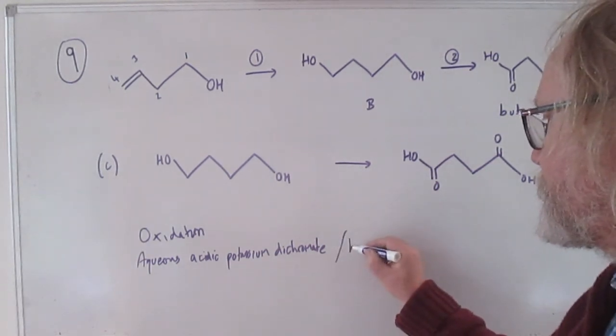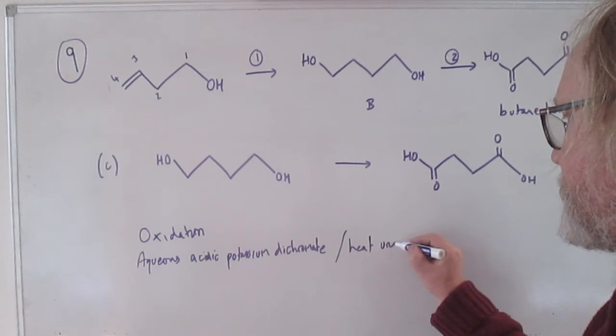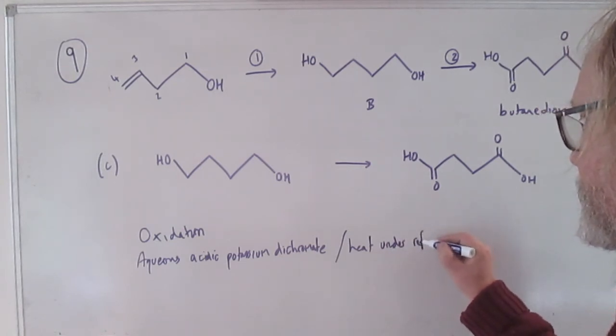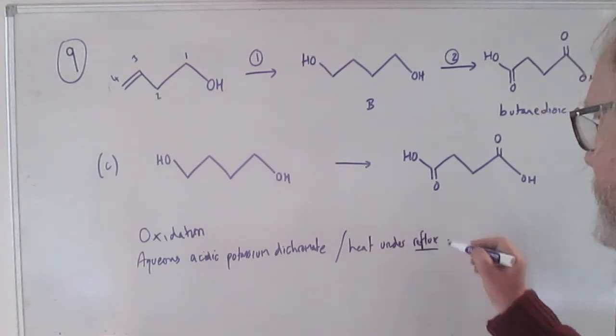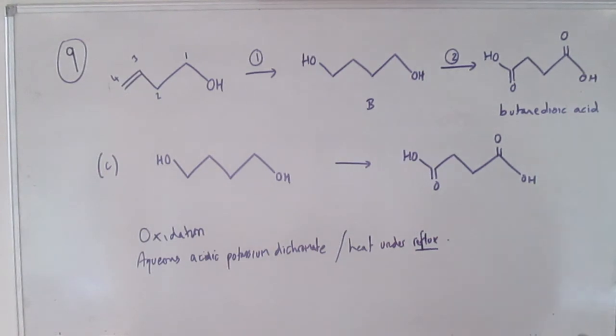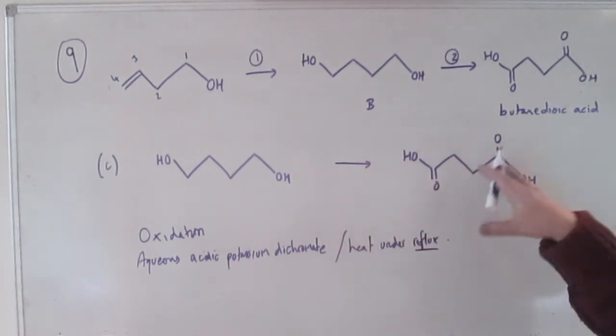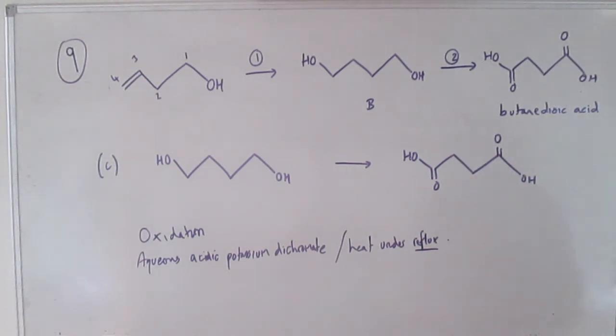And so the conditions are that you heat under reflux. And that means that you keep heating for a long time without losing your material, because the reflux stops it from escaping through evaporation. And that allows you to keep on oxidizing till you've gone all the way through to that. So that's the reagent and conditions.